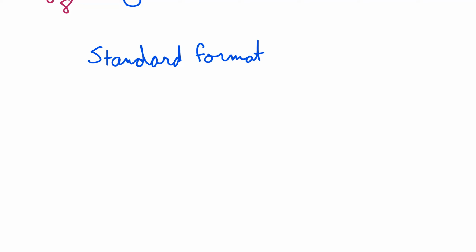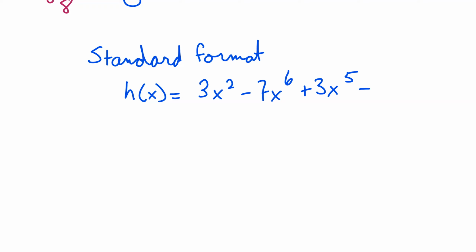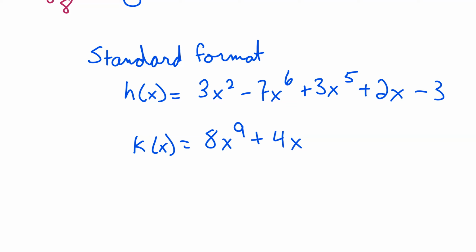So in this case, we might have h of x is equal to 3x squared minus 7x to the 6th plus 3x to the 5th plus 2x minus 3, and maybe we have k of x is equal to 8x to the 9th plus 4x squared plus 3x to the 4th minus 2.